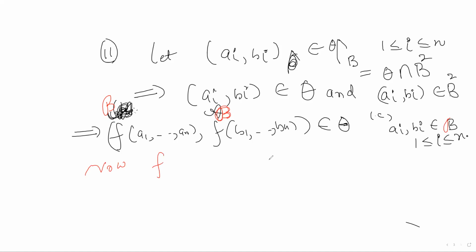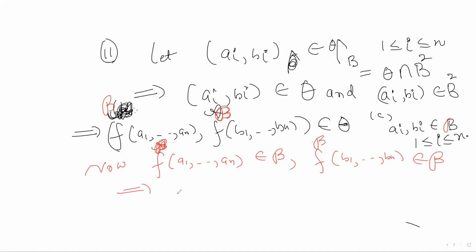So therefore this f_A of a1 so on an is in B because it's a subalgebra. f_B of b1 so on bn should also be in B, because it's a subalgebra, so it's closed with respect to the operations of A while restricted on B.